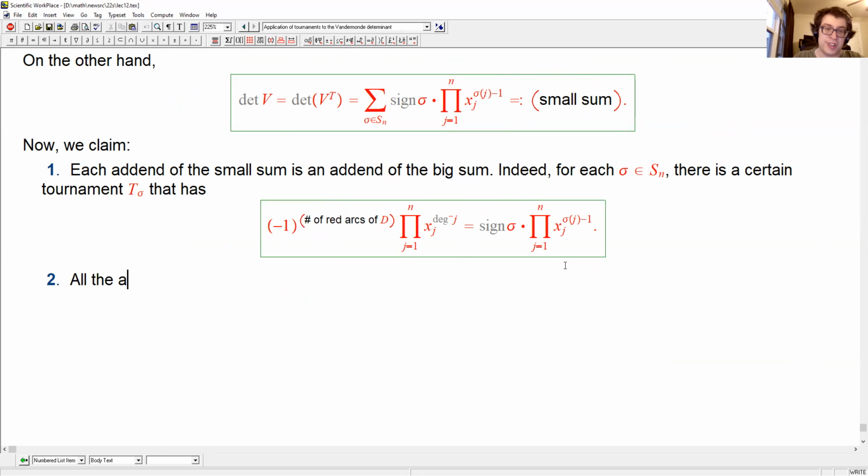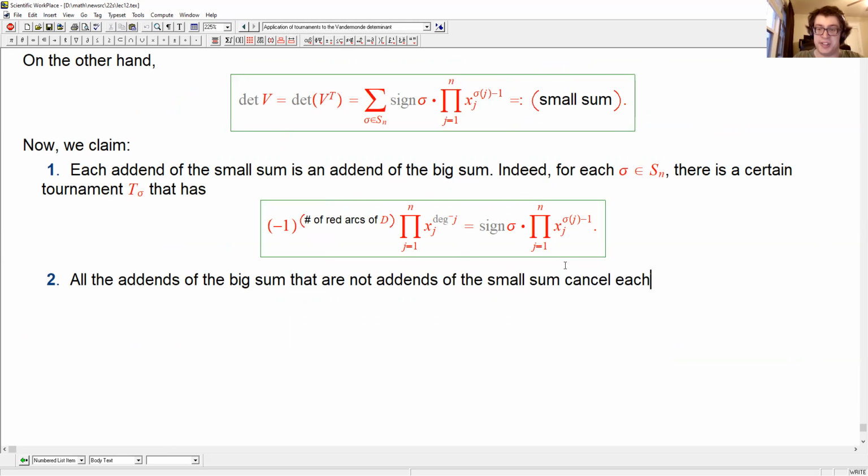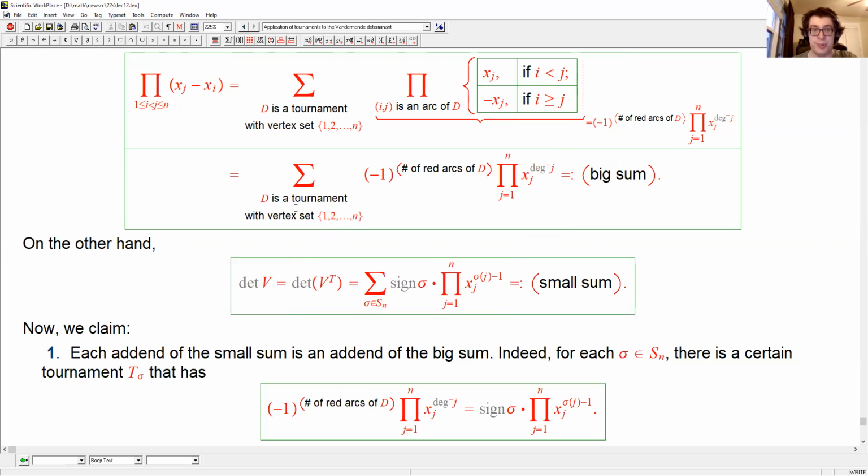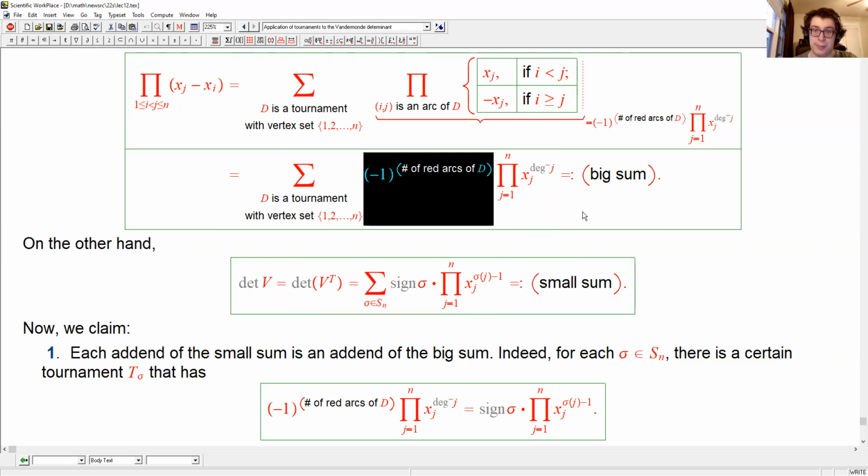However, all the addends of the big sum that are not addends of the small sum cancel each other out. And this is trickier. So how do addends in the sum cancel each other out? You're looking for pairs of tournaments for which this product will be the same, but these signs will be opposite.